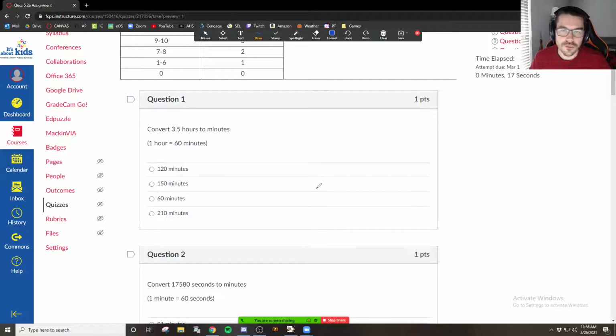A unit conversion problem is always going to be formatted like this. It's going to ask you to take one value and convert it into a different set of units. So for example here in the first question, convert 3.5 hours to minutes. In other words, how many minutes are in 3.5 hours?